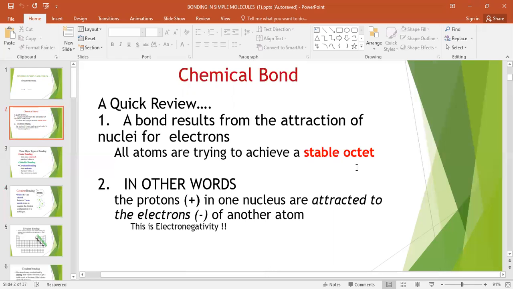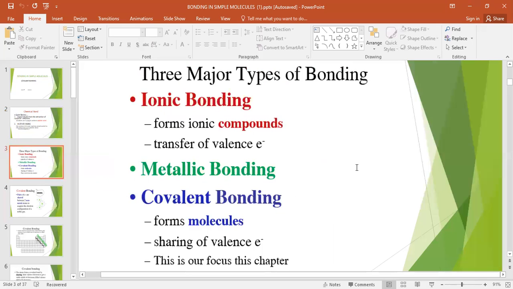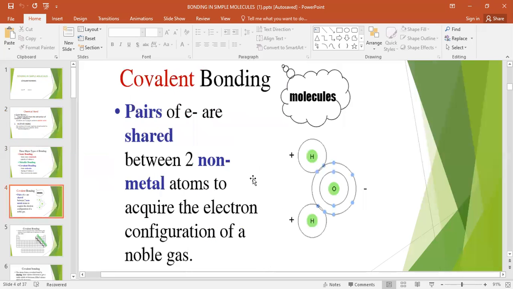If the outer shell has 1 electron, but we need 8, it's unstable. If the outer shell has 7 electrons, we need 1, also unstable. But if the last shell has 8 electrons, yes, that is stable. That's why it is written here, the atoms acquire the electronic configuration of noble gases.